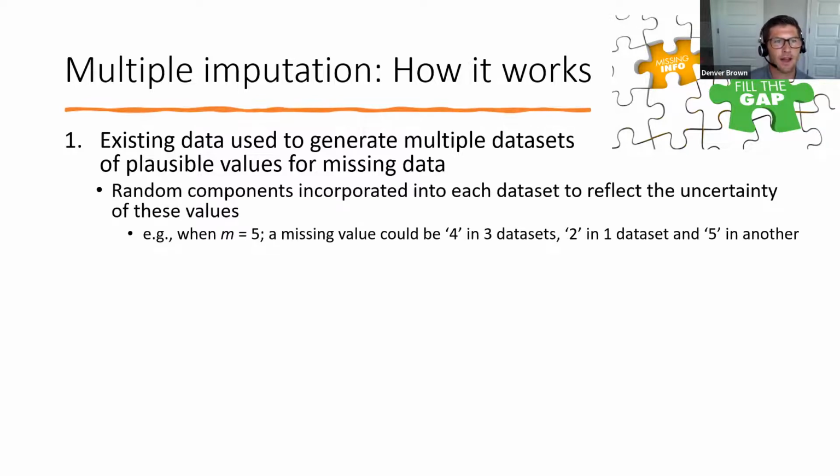These random components are incorporated into each data set to reflect the uncertainty of these values. We don't know if our participant 1 reported a 4 on this value, or a 2 or a 5, but we can use other variables that are related to our variables of interest.